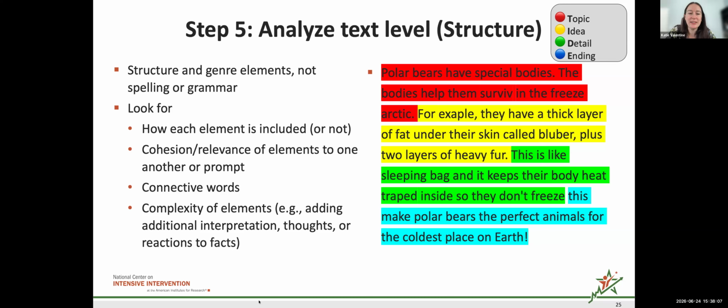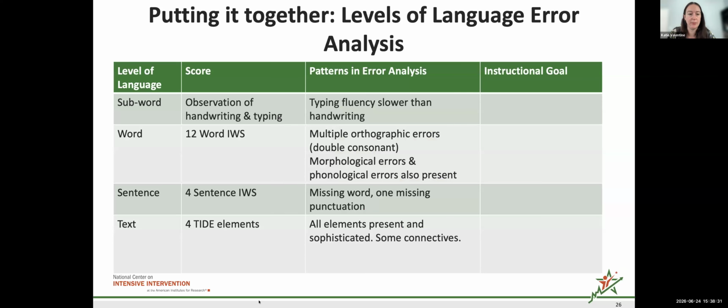So, you can highlight these and just consider them present or not present. But especially for older students or students who've been working on this as an instructional goal, you may also consider adding a rubric score along with it. So maybe they get a score of 1 if the topic is present, and they get a score of 2 if it's present and really sophisticated or special or nuanced in some way.